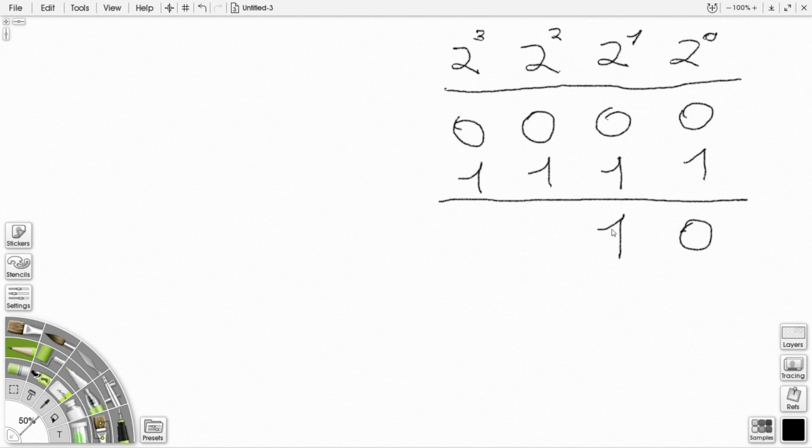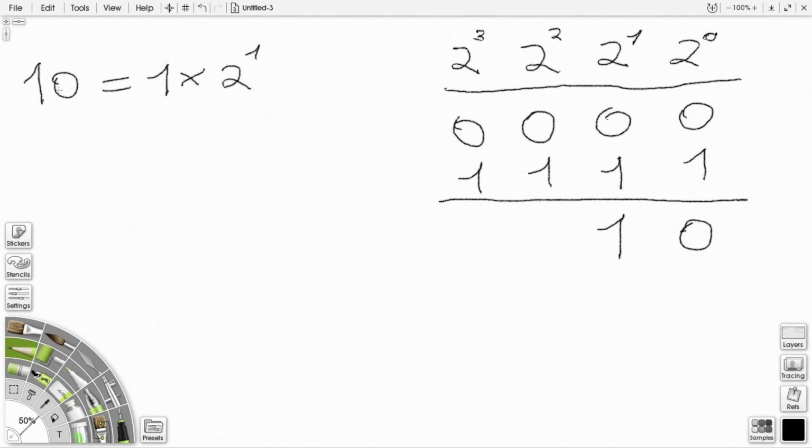So let's try to represent it. Let's see what is the amount of things being represented in this number here. What is the amount of 2's to the power of 1 that we have here? Well, we have 1 2 to the power of 1.